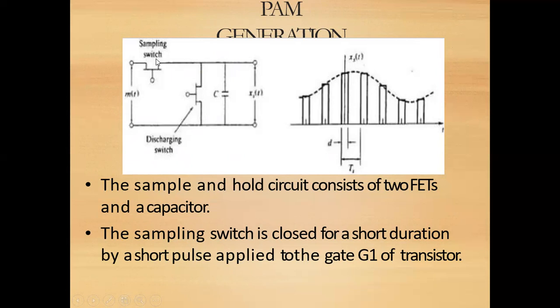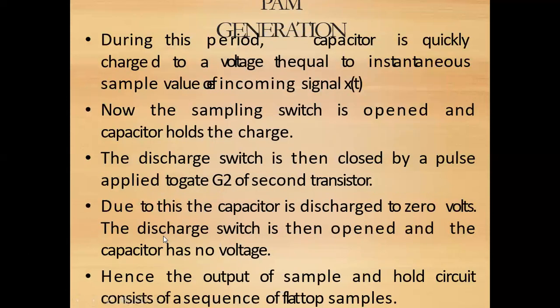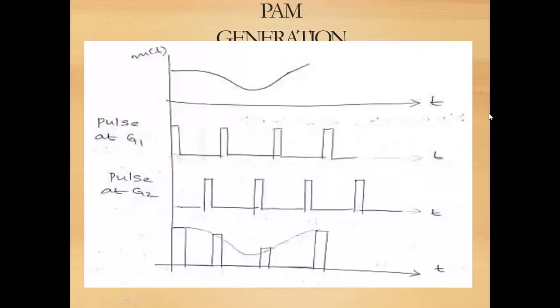The first one will act as a sampling switch, where it will close for a short duration for a short pulse applied at the input, that is gate G1 of the transistor. During this pulse period, as it is a closed switch, the capacitor goes to the charging position to a voltage equal to the instantaneous value of the amplitude of the input message signal.